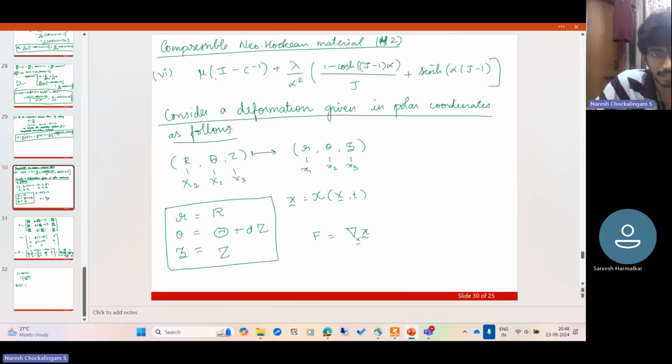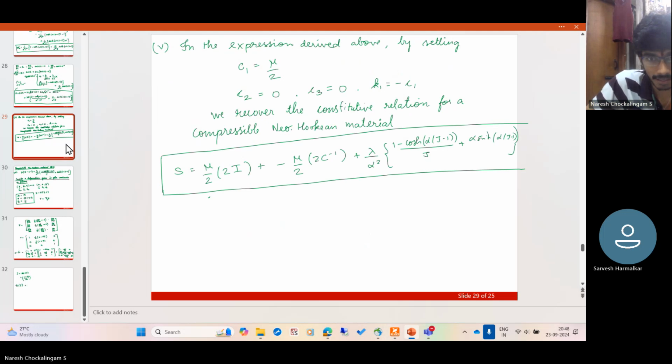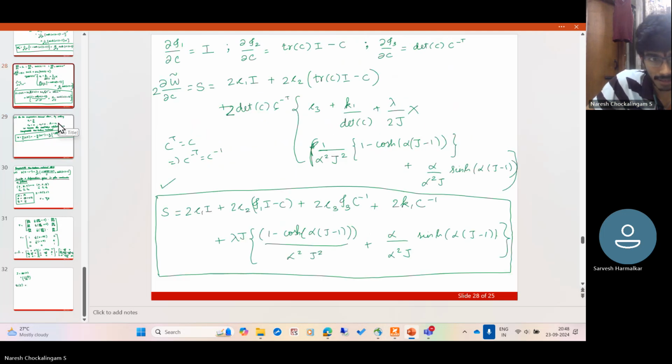So this first expression will contribute a 3 mu minus 3 times trace of C inverse plus lambda by alpha square. Oh yeah, there's a C inverse multiplying this, so there is also a C inverse here.